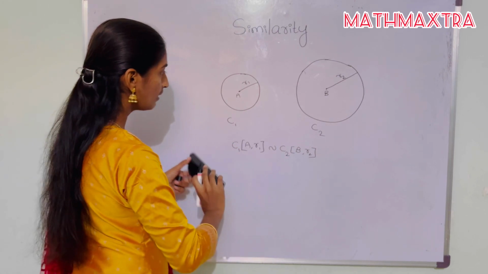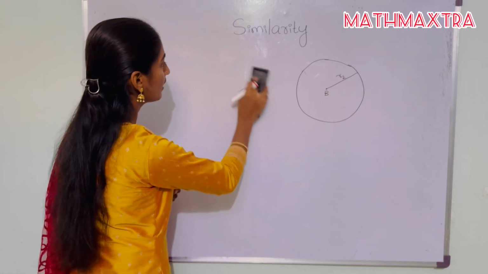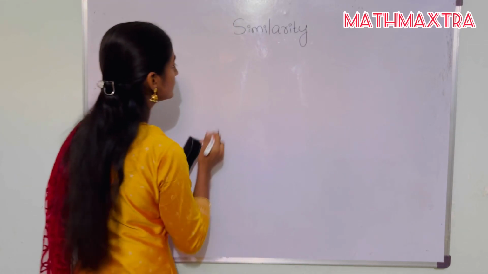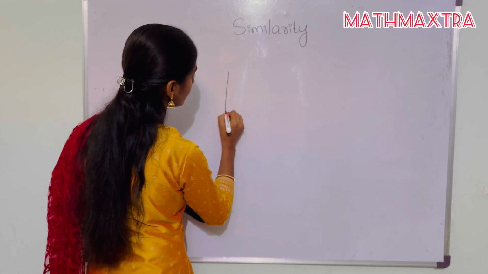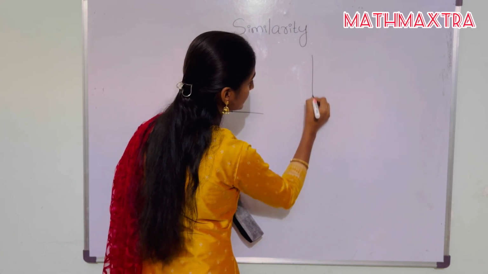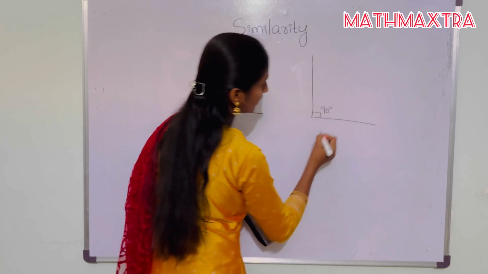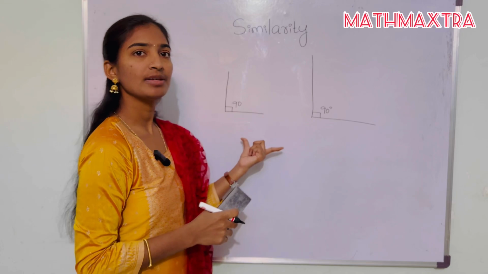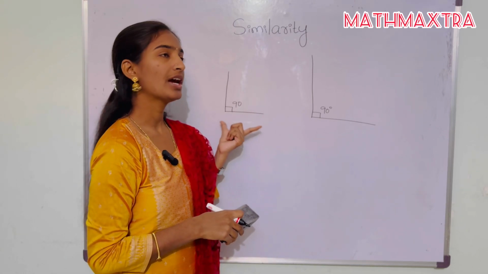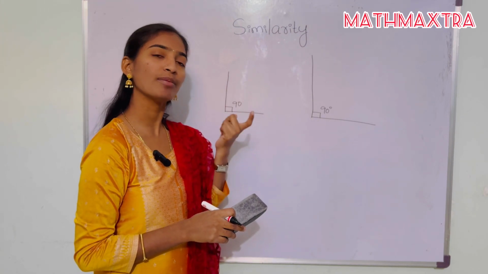Now tell me, what about two right angles? You take two right angles. This is one right angle and this is another right angle. Are they similar to each other? Yes. We have seen in the last class that all right angles are always congruent, meaning they satisfy both conditions.